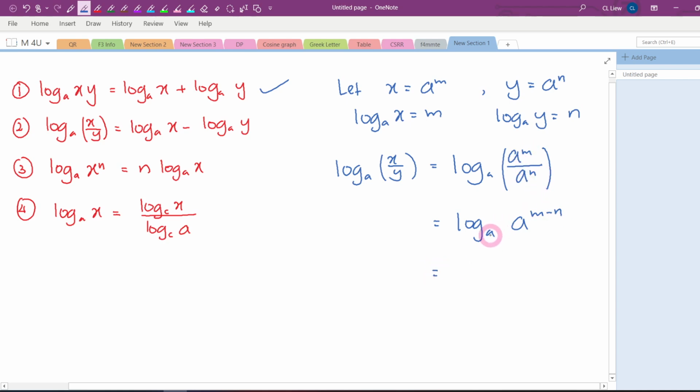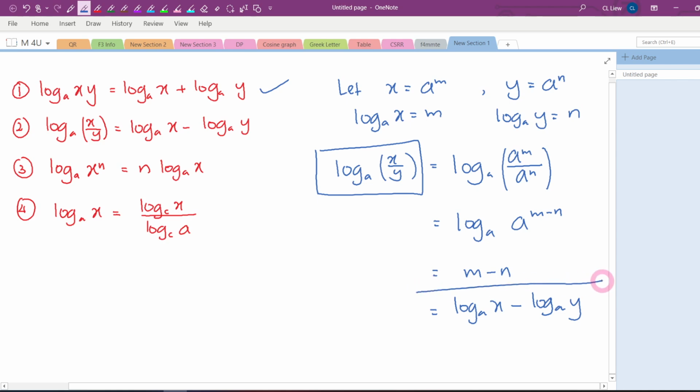Okay, again, you see this and this number are the same. Then we know that the answer for this whole thing is equal to the power here, which is m minus n. So what's m? m is equal to this. How about n? n equal to this. Okay, we have shown this is equal to this. Second property.